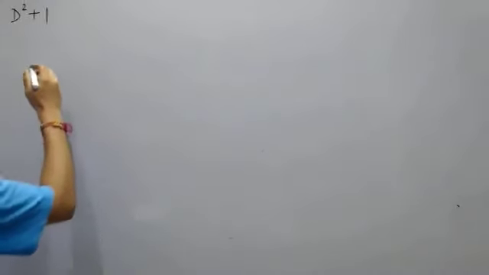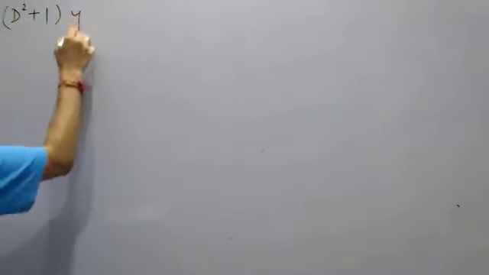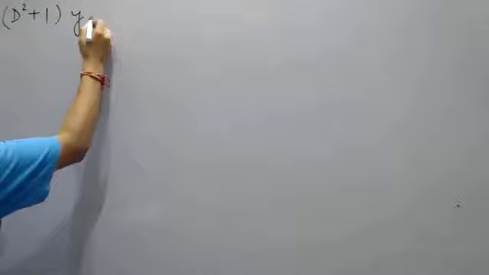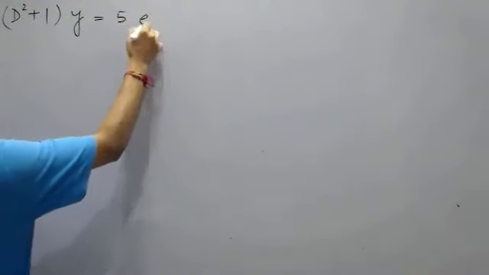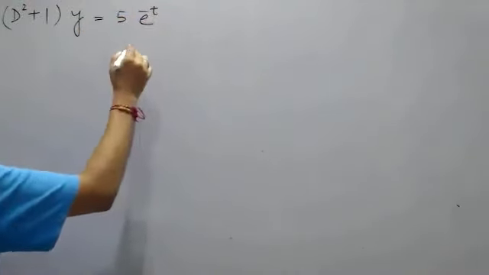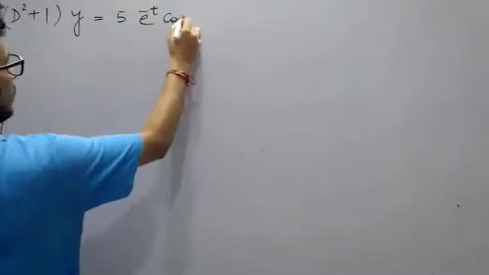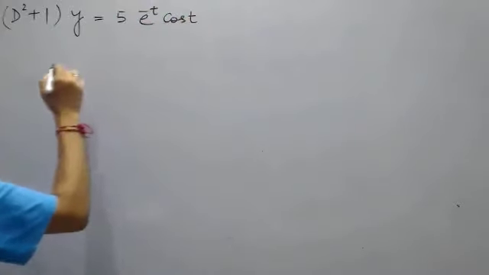Okay, so let us now take another differential equation, and that I will write here: d square plus 1, y is equal to 5 times e to the power minus t into cos of t.